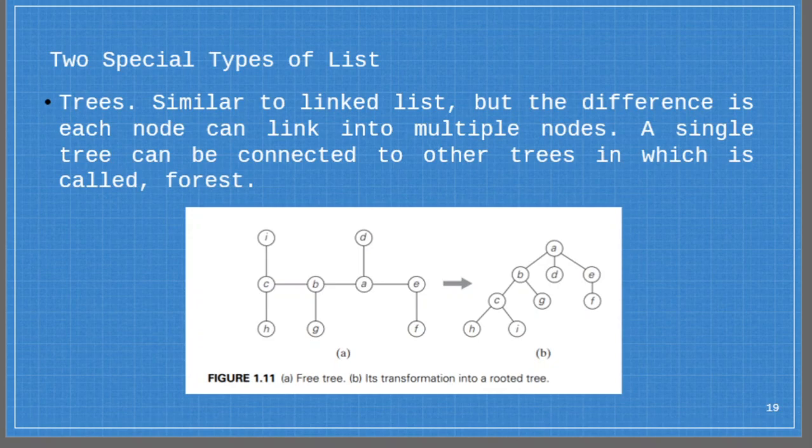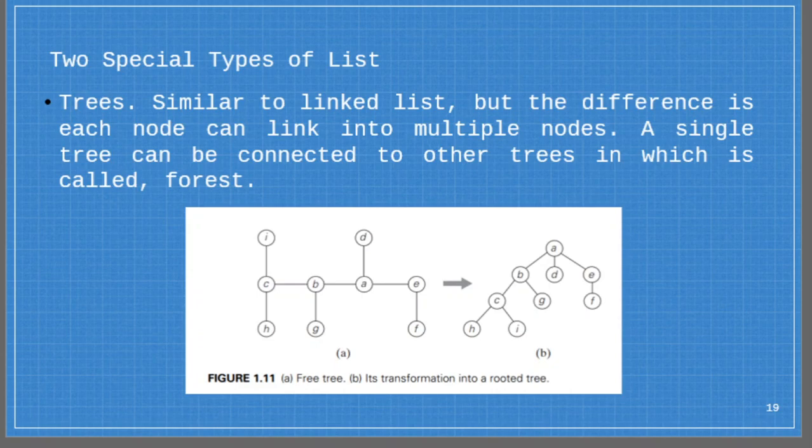Next, we have trees. Similar to a linked list, the data needs to be connected, but the difference is that a linked list connects only to a single node. While a tree can connect to different nodes, or two or more nodes.